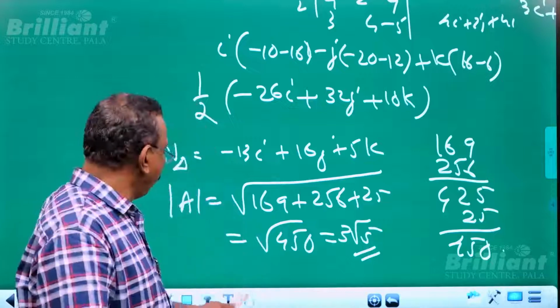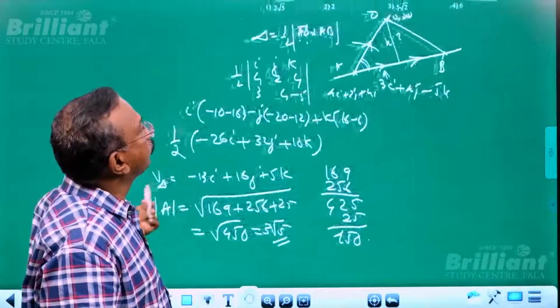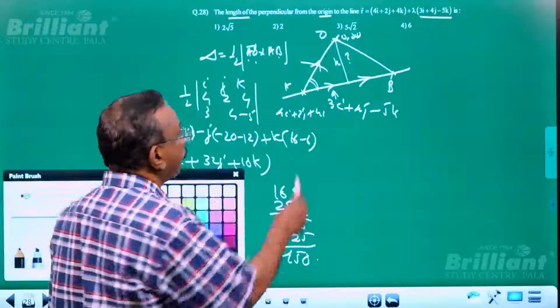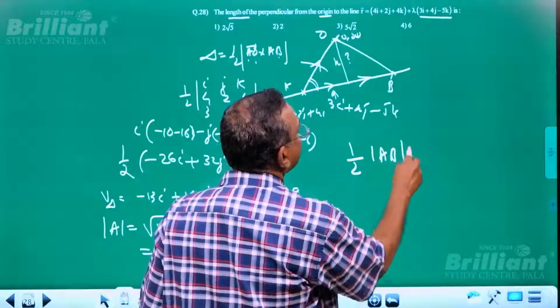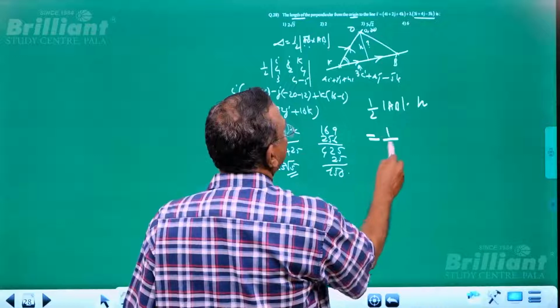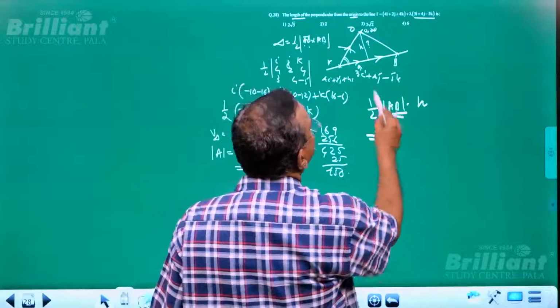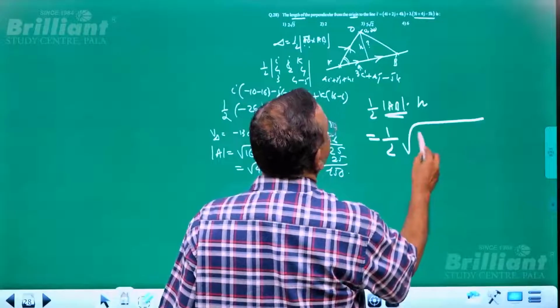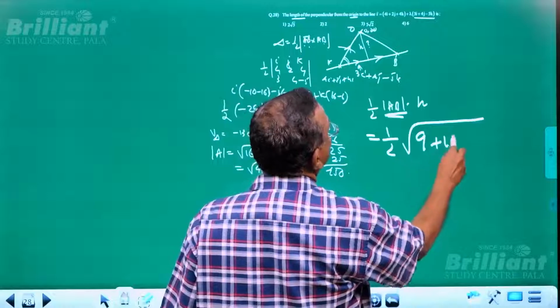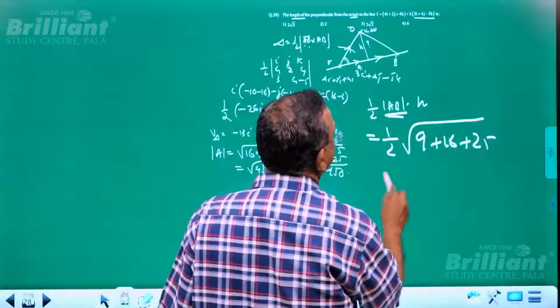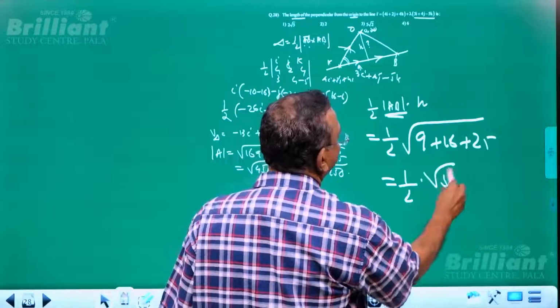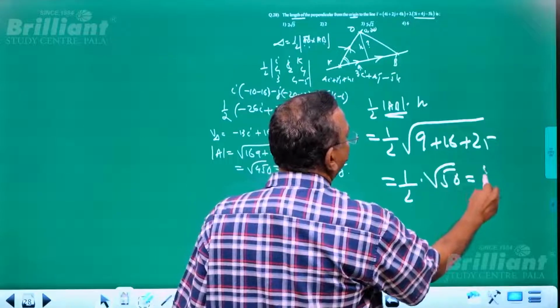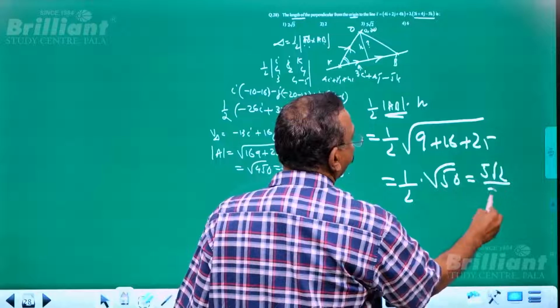Now how to find the height? Area is also written like this: 1 by 2 into modulus AB into h. That's our requirement. 1 by 2 into modulus of AB is equal to square root of 9 plus 16 plus 25. That's equal to 1 by 2 into root of 50, that's equal to 5 root 2 by 2.